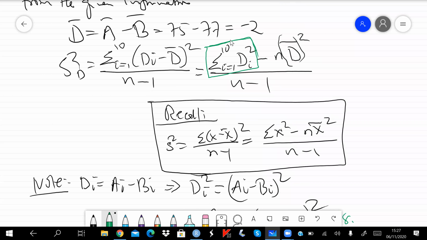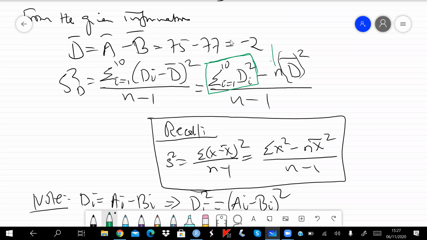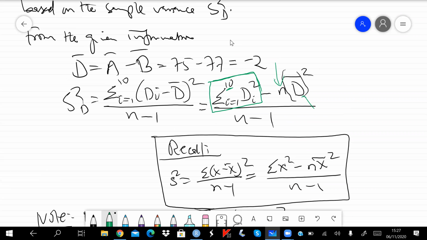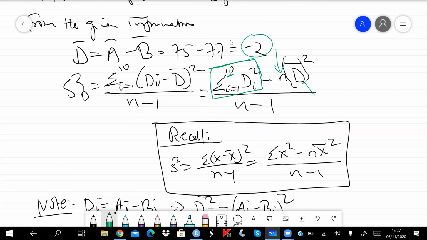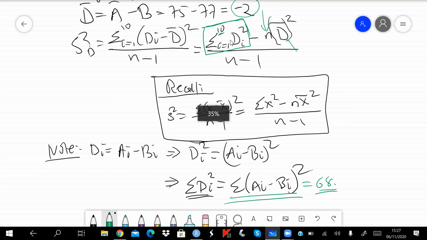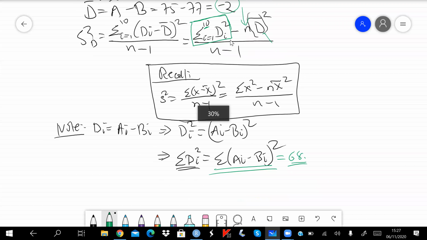Then we know n is the number of observations, and clearly there are 10. Then d bar is what we've just obtained here. So that means that now we can obtain the variance of the differences.